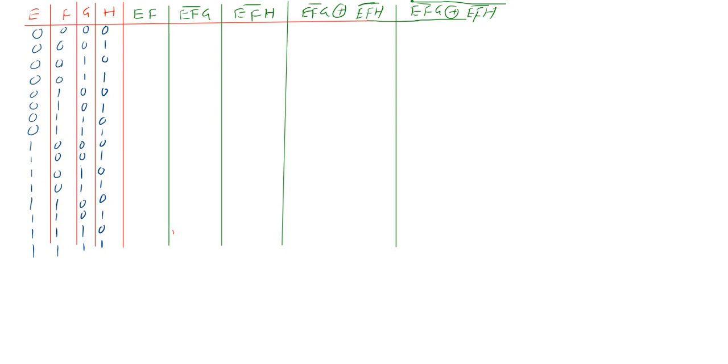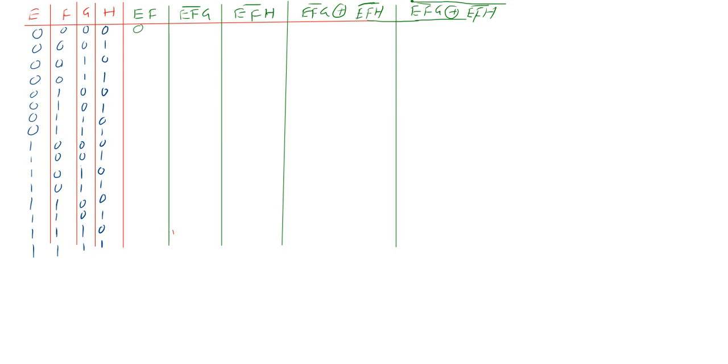For 0 and 0 we have 0. Where we have two zeros, or either one of them being 0, we have a 0 at this column.